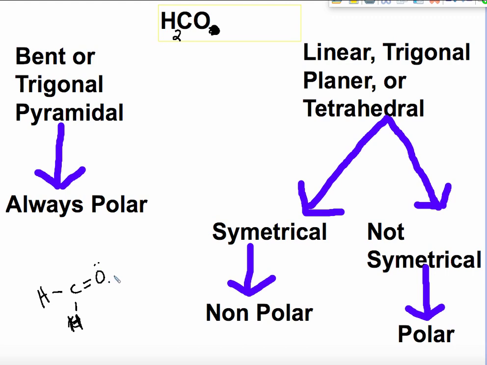And so that would be the structure. And you would look at that, there's 3 domains. And so that's going to be trigonal planar. Now, what you do is you look at it. If you look at the surrounding, like the carbon, are all 3 things surrounding it the same? Okay, and you would see that they're not the same. So it's not symmetrical. Therefore, this one is polar.